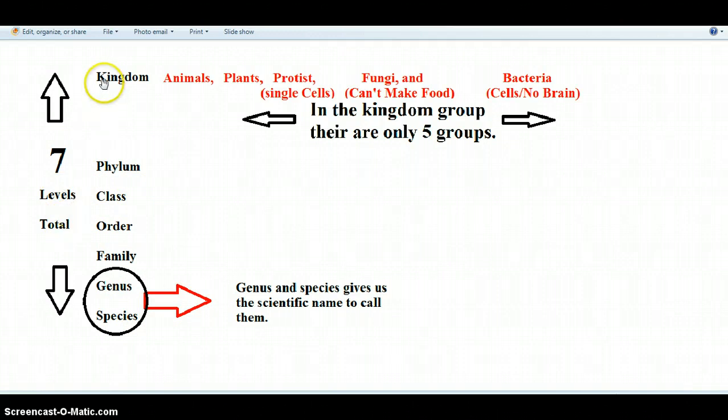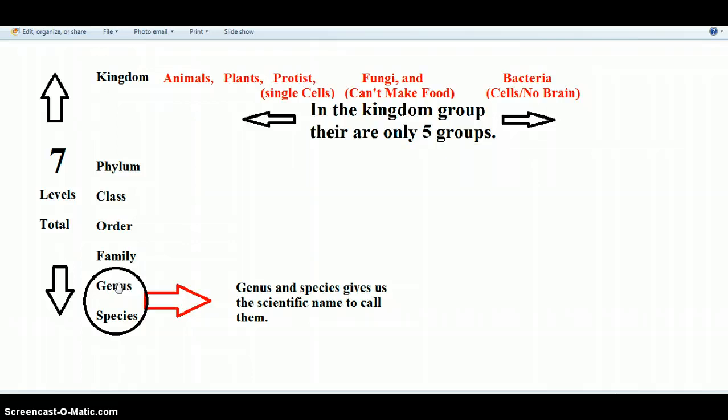But inside each level is a set of questions. So if you're looking at a brand new animal or creature and you want to know what to call it, because again, when we give it the Latin or Greek words down here for genus and species, that's its scientific name. This gives us the name that we can use to talk to any person around the world, and they're going to know what creature we're talking about.